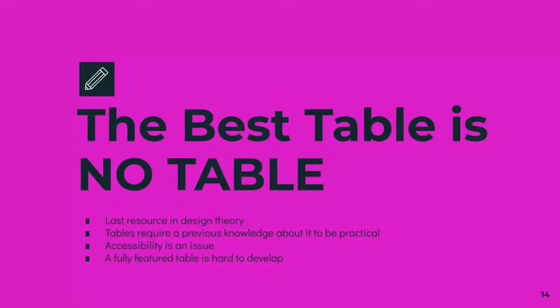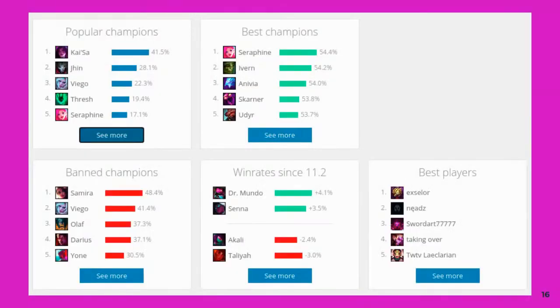So it's hard for them to concentrate on all of this data. And also a fully featured table with sorting, filtering, searching, all those kinds of features are really hard to develop, and they consume a lot of work and resources from your team, when you could simply make a dashboard that can deliver more value with less cost. So that's something that you should take into consideration.